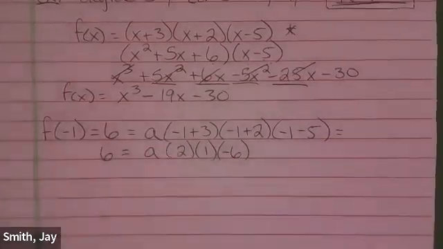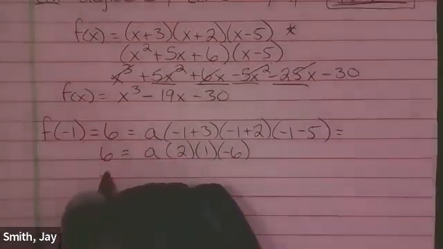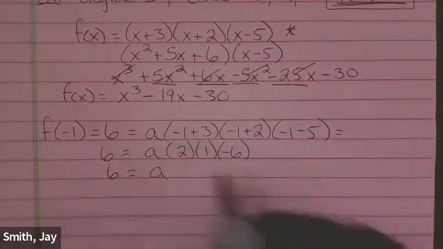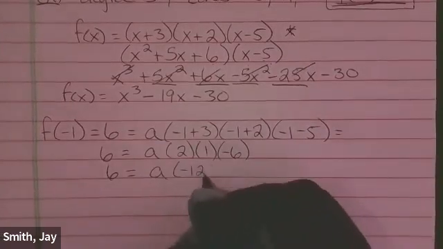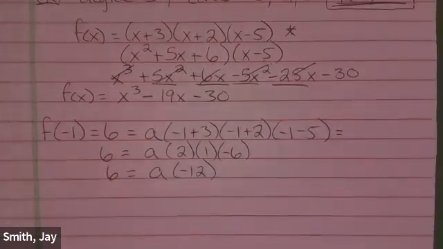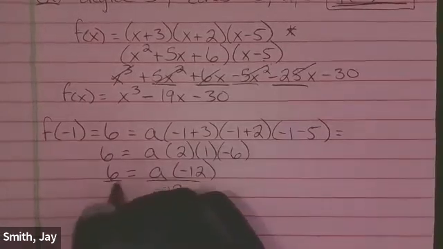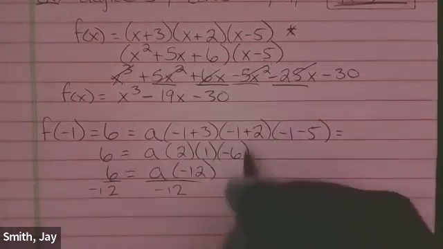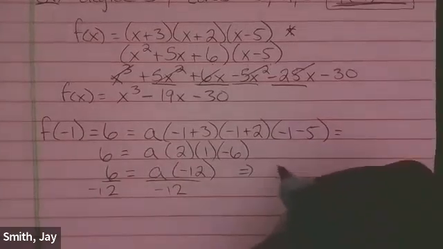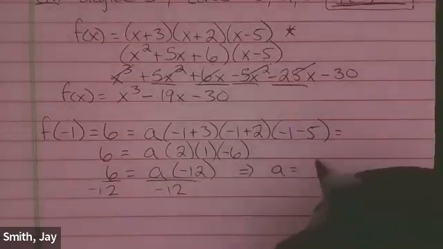Keep in mind, this is still equal to that 6, or 6 is equal to a times negative 12, which is what we get as a product from 2 times 1 times negative 6. Now to solve for a, all we have to do is divide both sides by negative 12. And we can see that a is equal to negative 1/2.